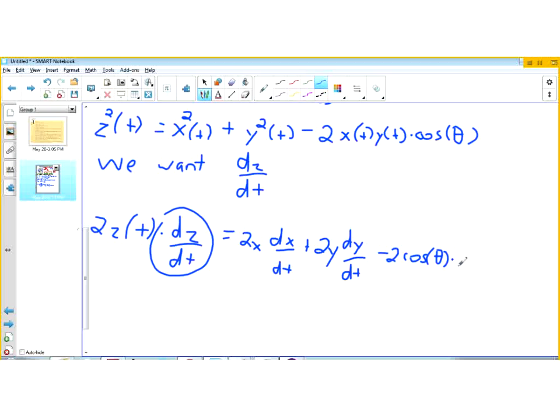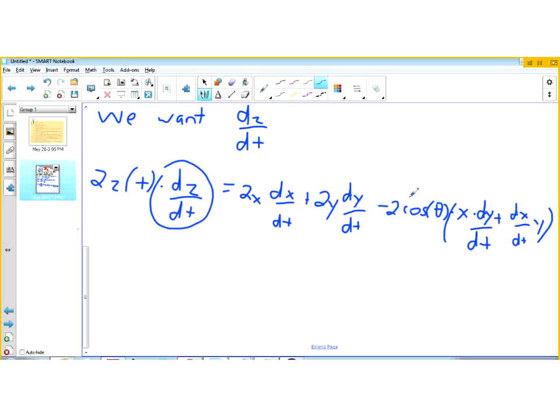So 2 cosine theta times x times the change in y with respect to time, plus the change in x with respect to time times y. And cosine of theta is cosine of 45 degrees, which is 1 over the square root of 2. We know that from trigonometry.